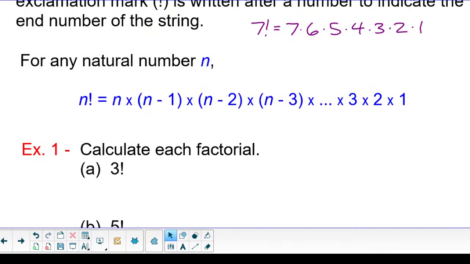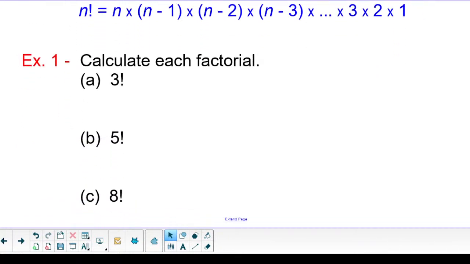All right. So simply, let's calculate each factorial, but I want you to do it with your calculator. Your calculator has a factorial button. Mine is over the 4.